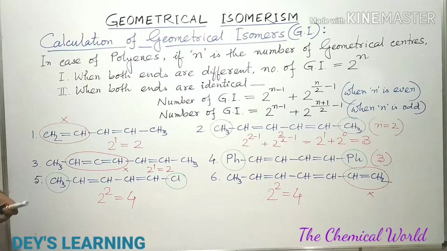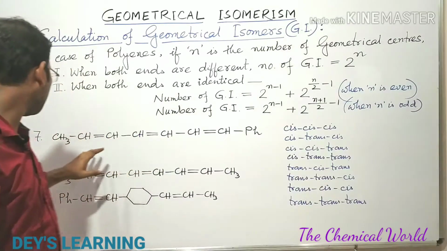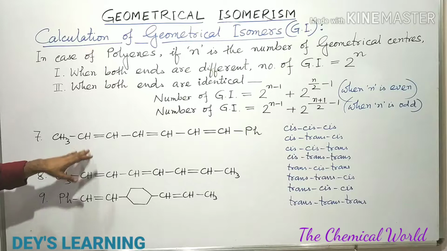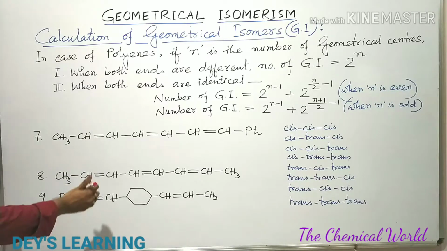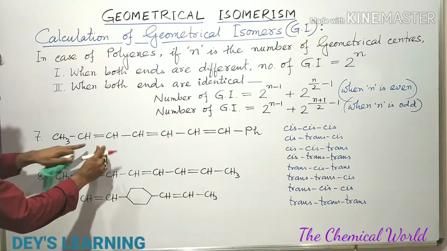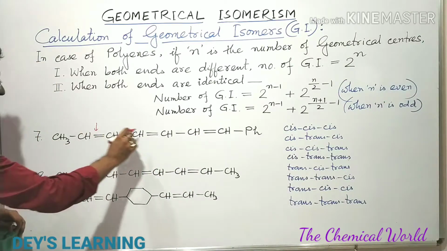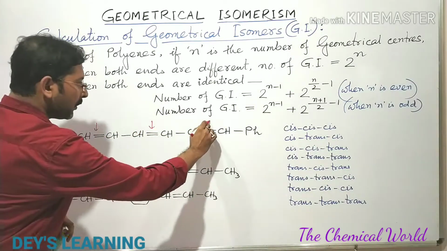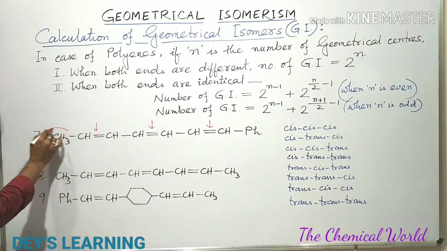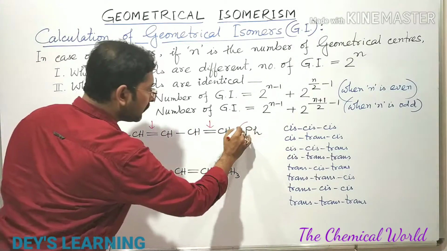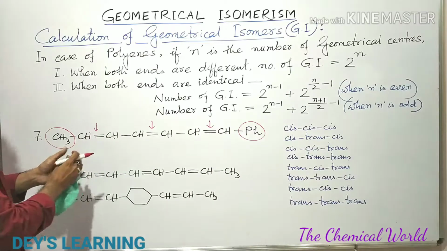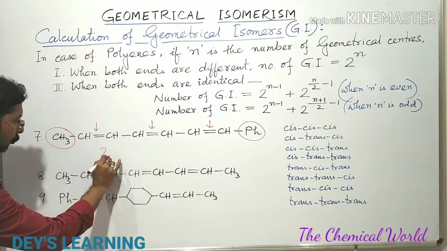Okay, let's take the other examples. Example number 7. In example number 7, there are 3 geometrical centers, number 1, 2 and 3. These 3 are geometrical centers, and the 2 ends are different. 2 ends are different, so it will have 2 to the power 3.